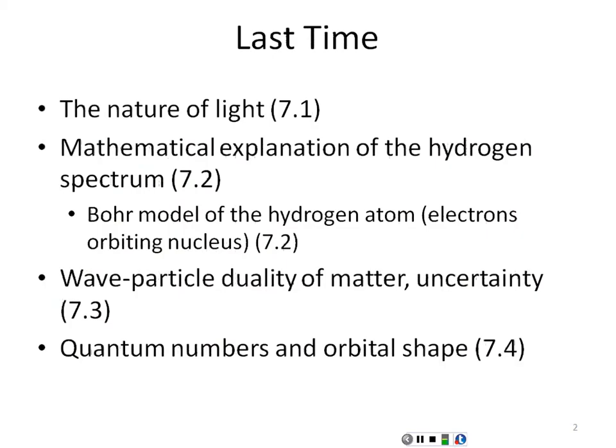So last time we talked about quantum theory, and that was the material covered in Chapter 7. 7.1 dealt with the nature of light. That's where we started. We talked a little bit about atomic spectra. And in 7.2 we went into detail with the explanation of the spectrum from hydrogen and Bohr's model.